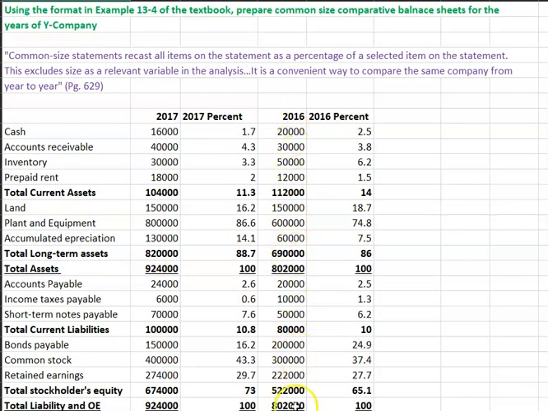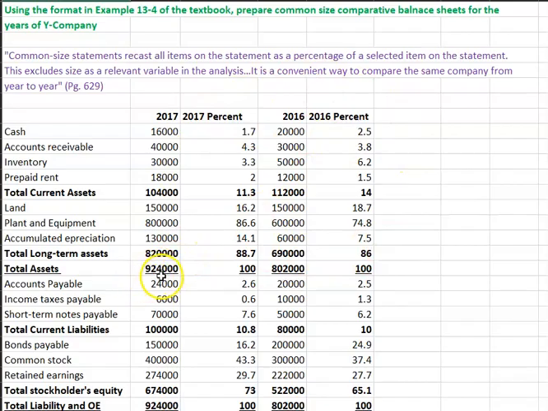And when calculating the percentages, you take the total assets, which all equals 100%, and you divide the amount of money by the total assets for all the assets involved in 2017 and 2016.